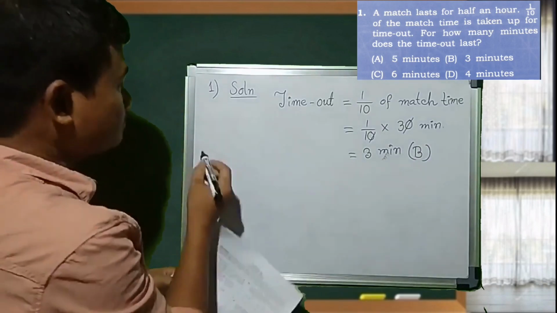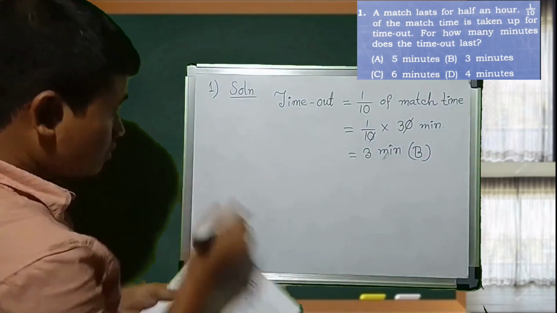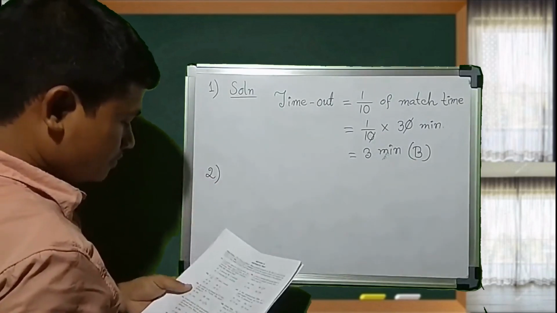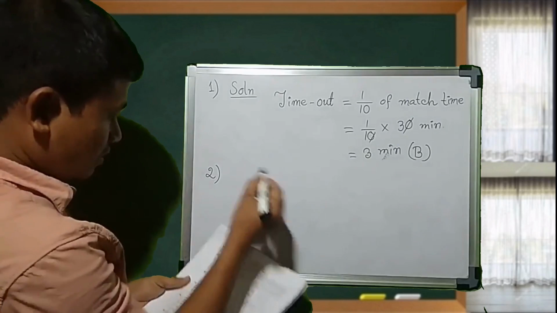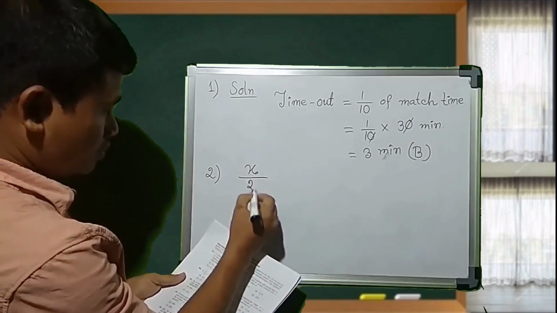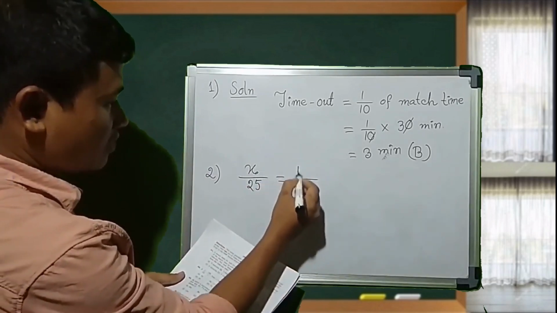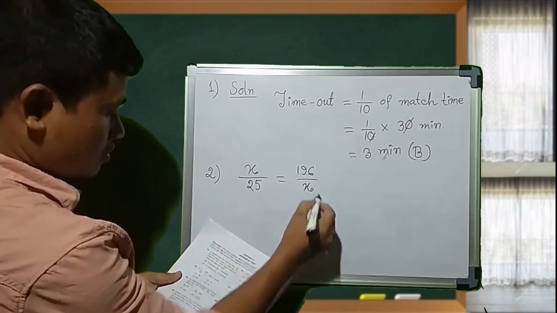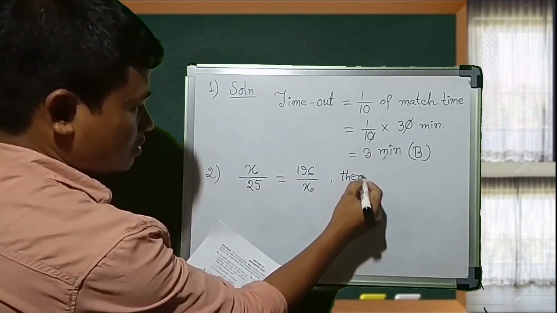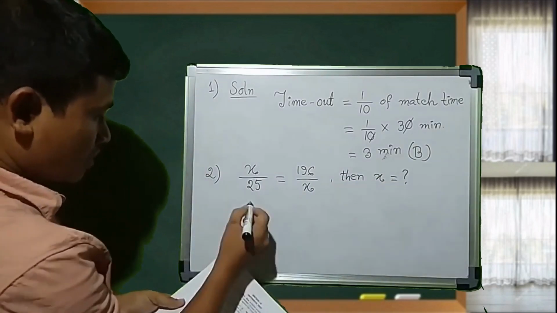Okay, did you understand? Then let us go ahead. Question number 2 is given that if x by 25 is equal to 196 by x, then x is equal to, options are given.